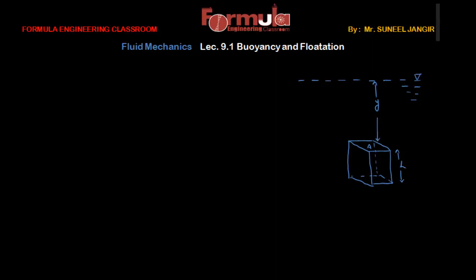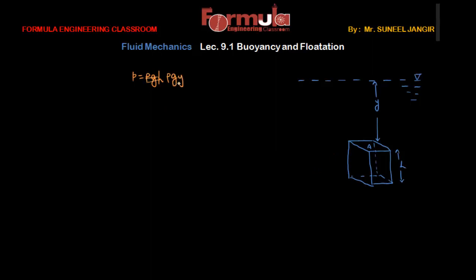Now, from our previous information, we know that according to the hydrostatic law the pressure will be equal to rho g h. Here I'm saying it is rho g y.